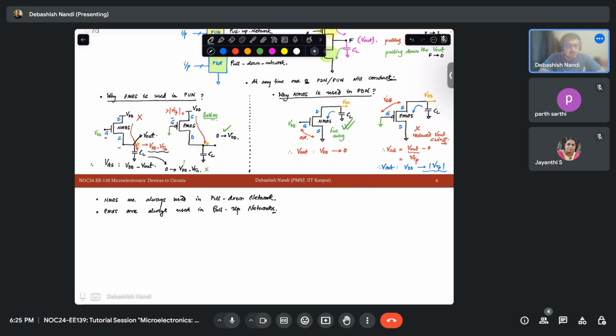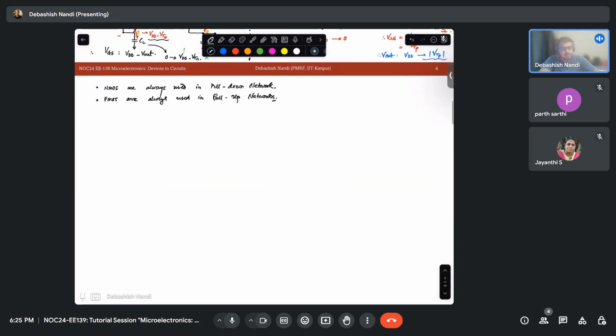So now what we will do, we'll try to build some larger gates. Gates mean logic gates. So what are the universal gates, by the way?